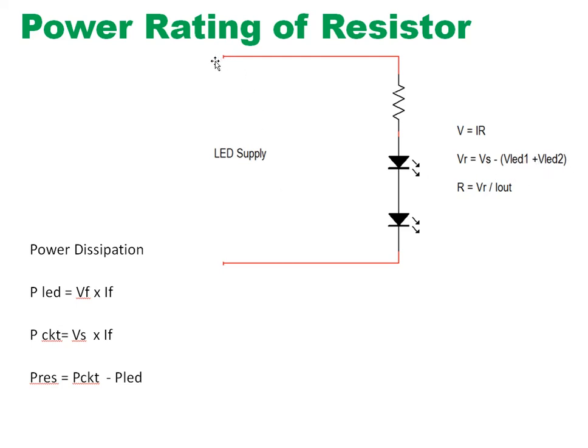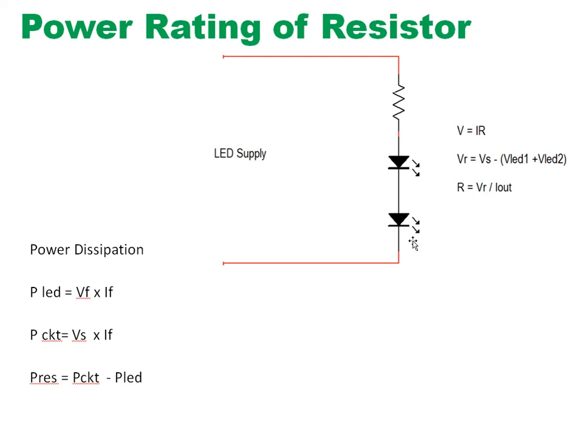And if you assume the supply voltage is 12 volt, 12 minus 4.4 is the voltage across the resistance here. To find the resistance value, that VR divided by how much current is flowing here. The current flow, I out, is 20 milliamps, right? So we can get the resistance value here.